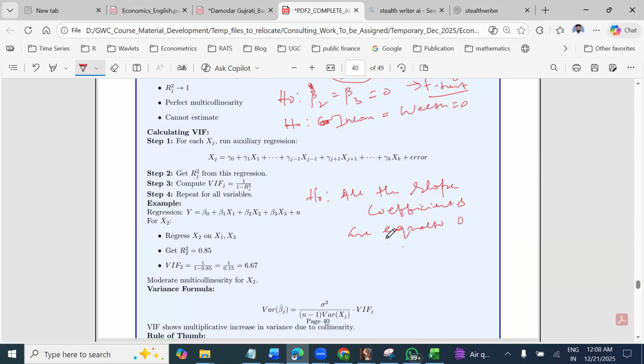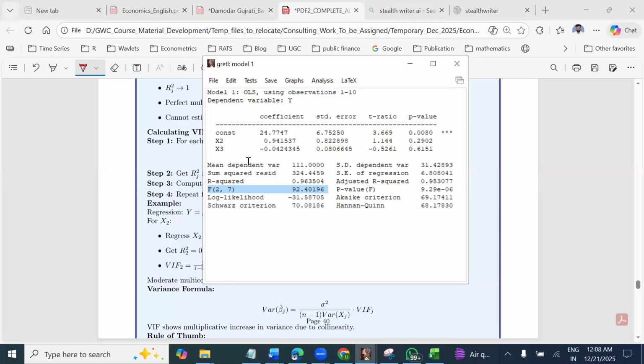It means if your slope coefficients are equal to 0, now I will show you. Suppose the slope coefficient beta 2 here is 0.94, now it will be 0. X3 is minus 0.04, it is also equal to 0. Then what is the purpose of fitting this regression or estimating this regression? Yes or no?